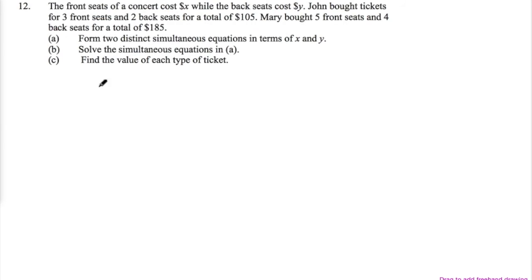In question 12, we have a sum which leads us to two simultaneous equations. In the first part, we have to form two simultaneous equations from the information given. This sum is about the cost of tickets and the number of seats.